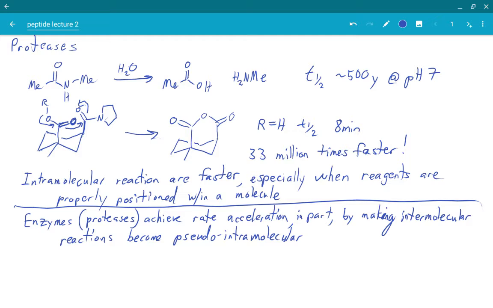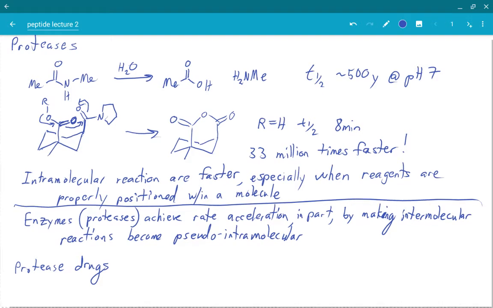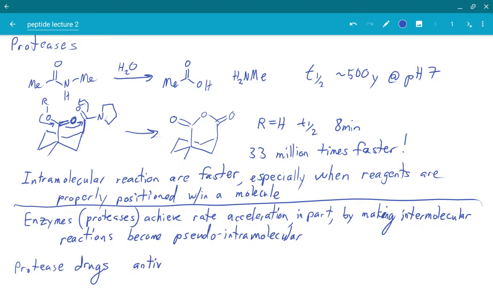And so we want to talk in a little bit more depth about proteases, because chemists have been really fascinated by proteases within the drug industry, right? So there are a lot of drugs that act to block protease activity.